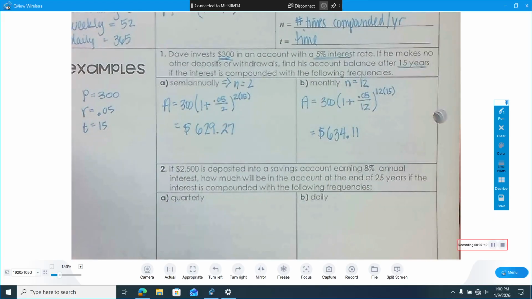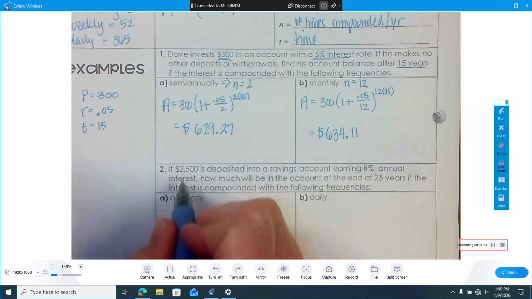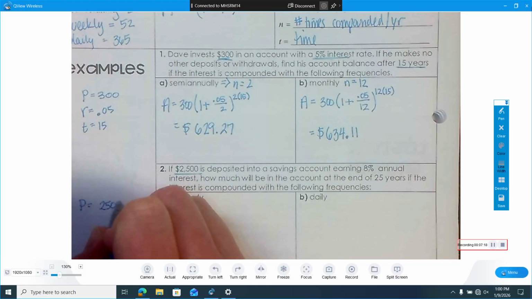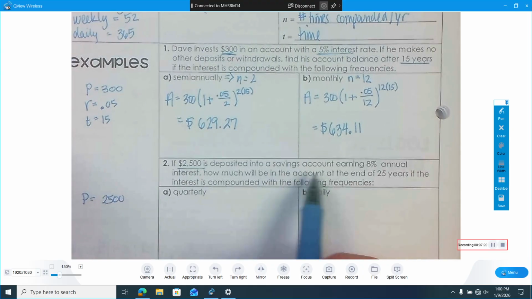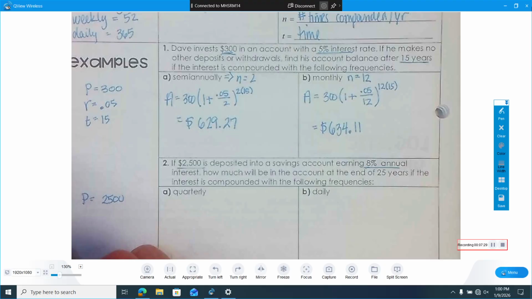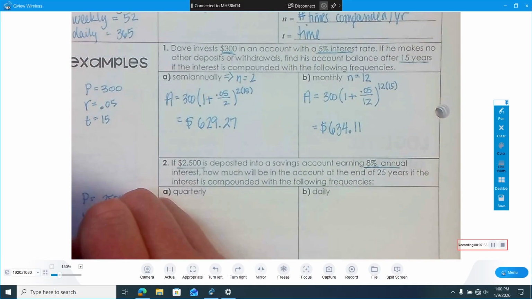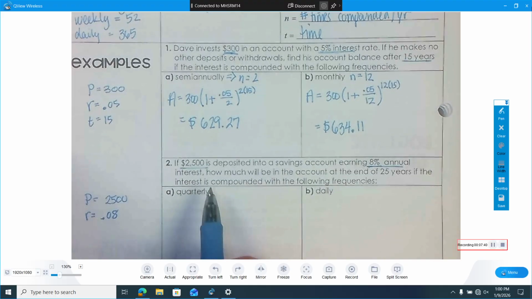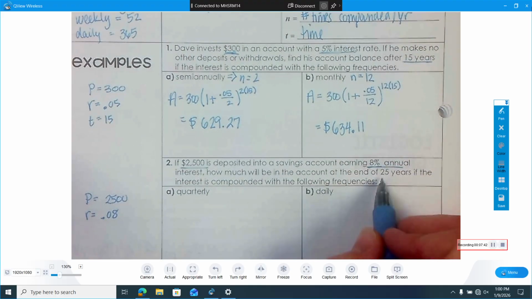Number 2. $2,500, P, principal, is deposited into a savings account earning 8% annual interest. What is that number? So 8%, 0.08, that's our R. How much will be in the account at the end of 25 years?